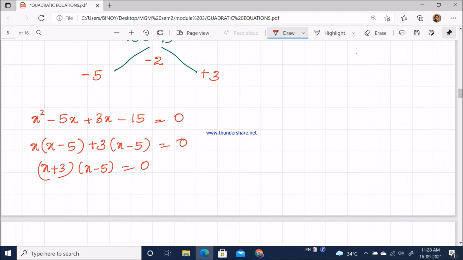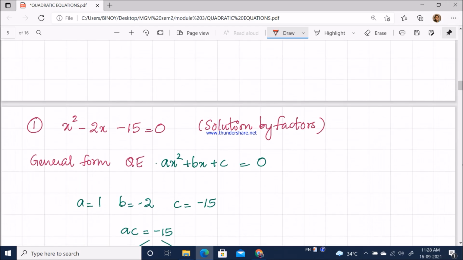So let's find what are the roots of the equation. So x can be either minus 3 or 5. This is the solution by factors.